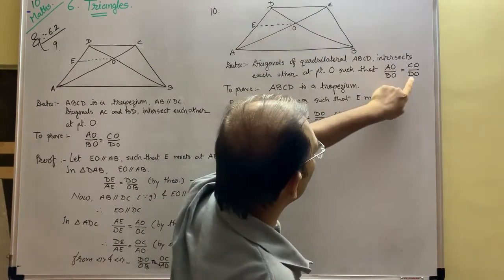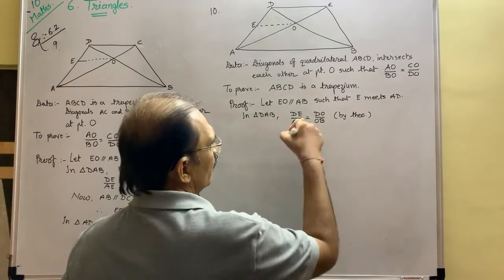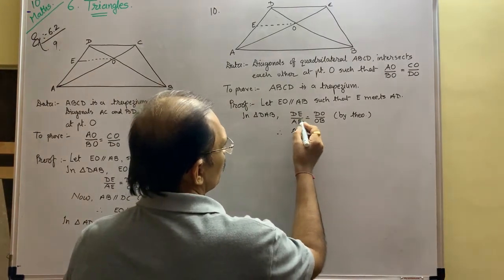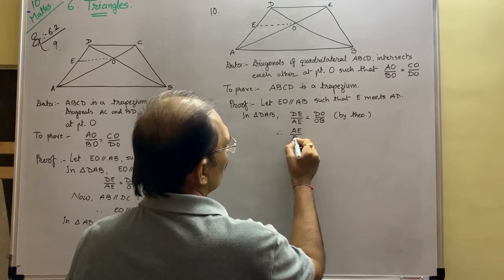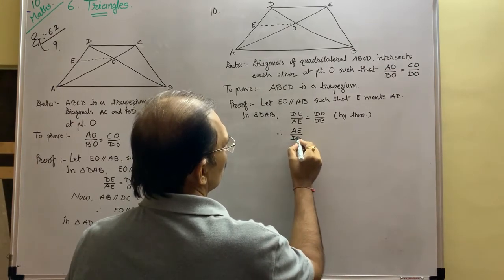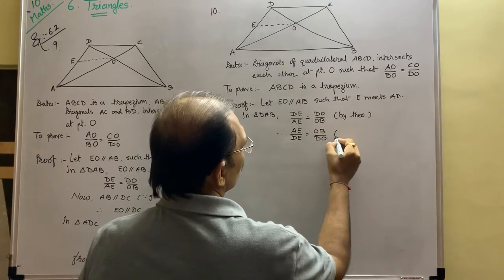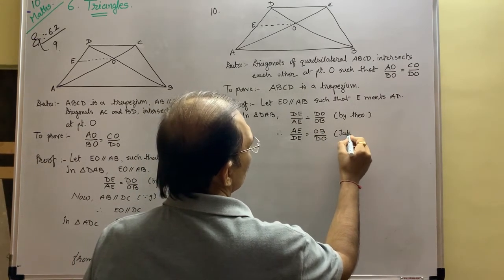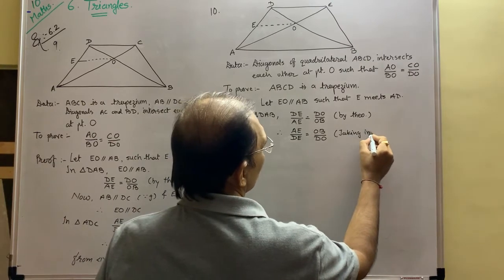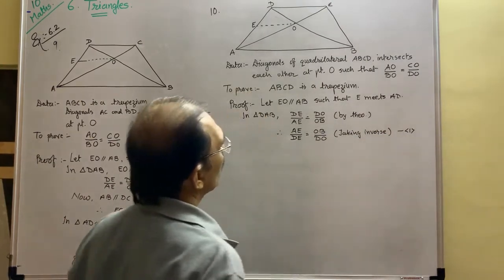See here, I want DO in the denominator, so I convert it. So take inverse proportion: AE upon DE equals OB upon DO, taking inverse. This is your result number 1.